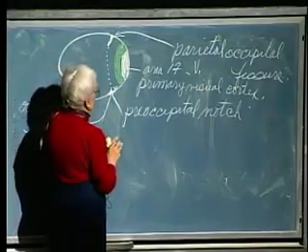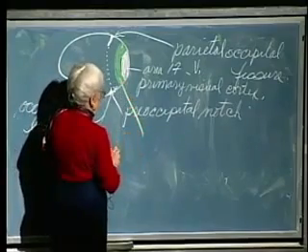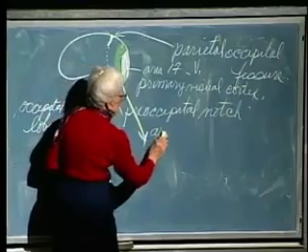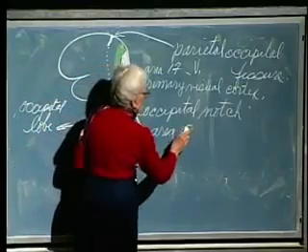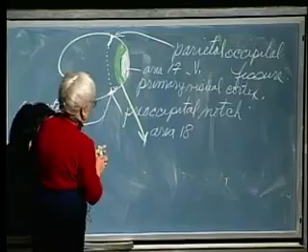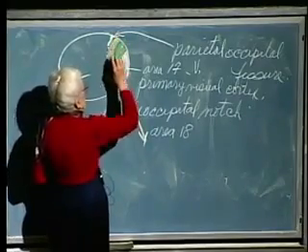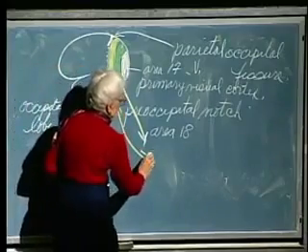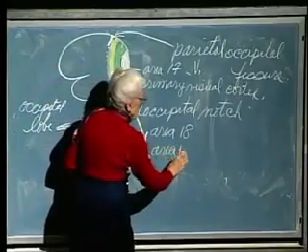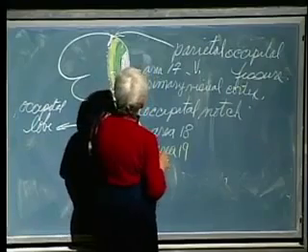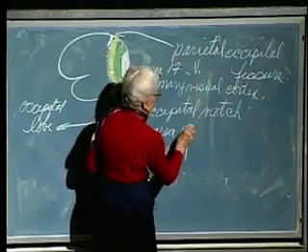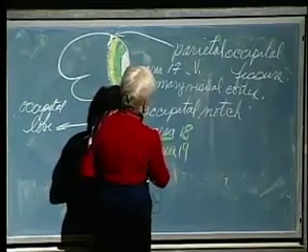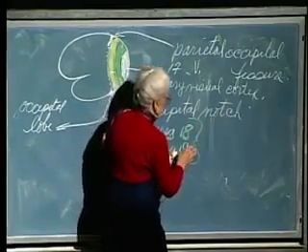So this will be area 18. And more medially, more anteriorly, we'll have area 19. And these two then will be your visual association cortices.